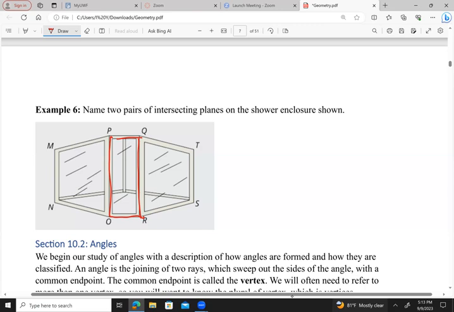We'll label it plane A. And we have this plane here, and we could label that plane B, and they're intersecting, and you can see the line of intersection. Likewise, we could have this plane here and A, and again, a line in common. And that finishes up section 10.1.